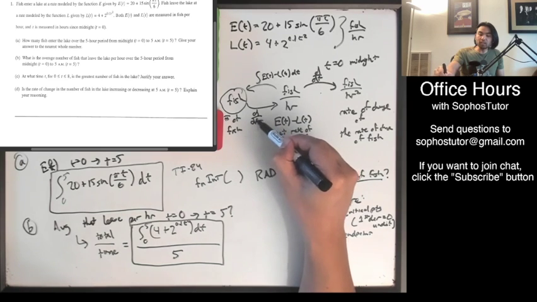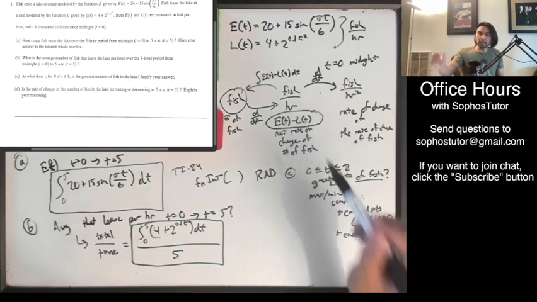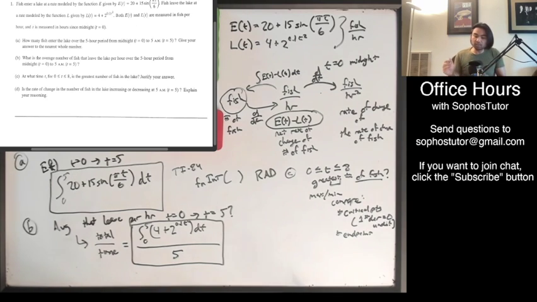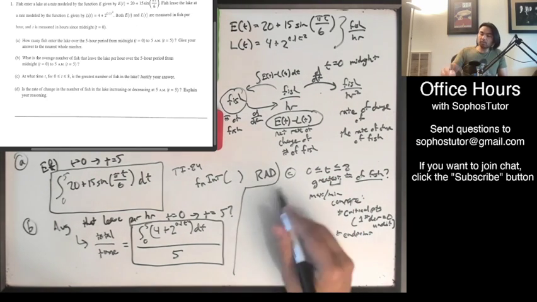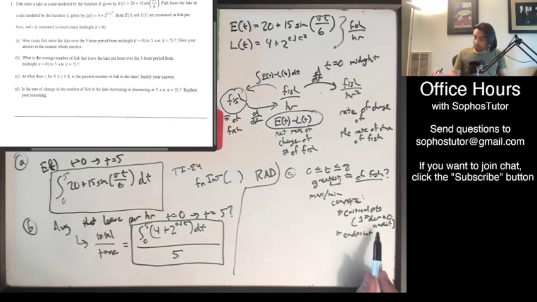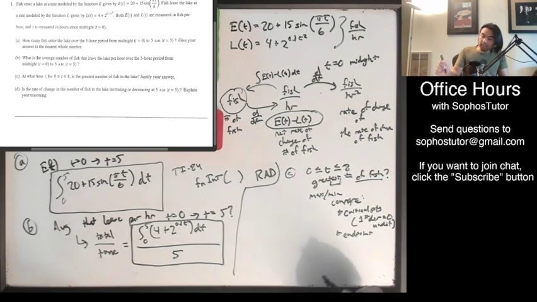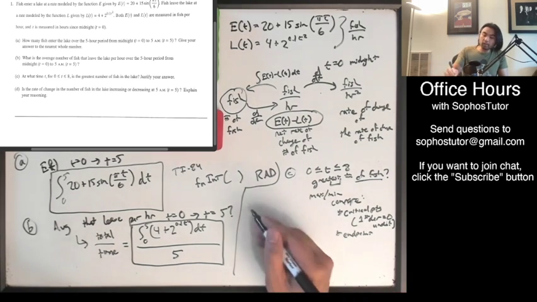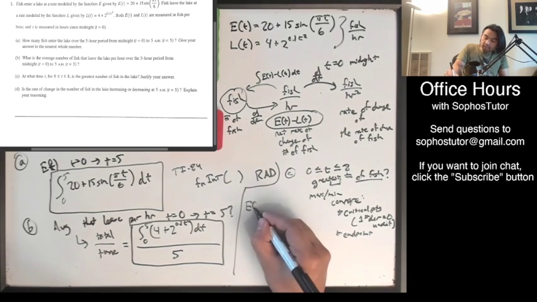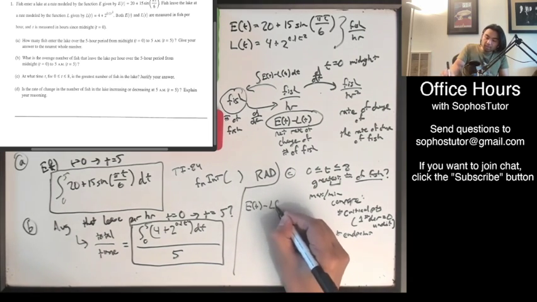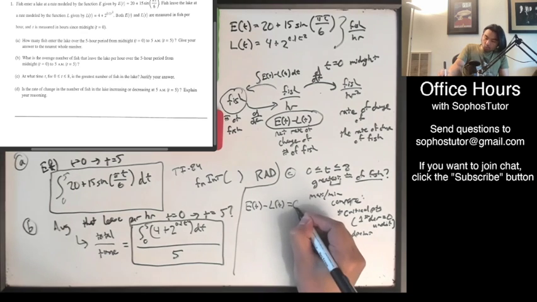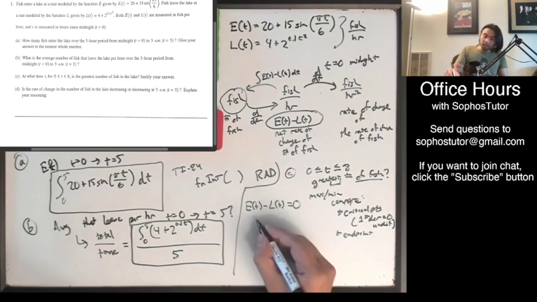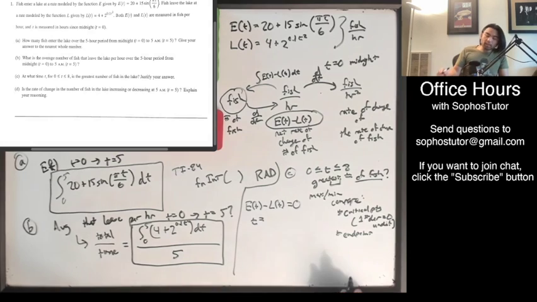So the derivative of fish is E of t minus L of t. So in order to find the critical point here, we need to set E of t minus L of t equal to 0. And from there, we can then determine what t is equal to.